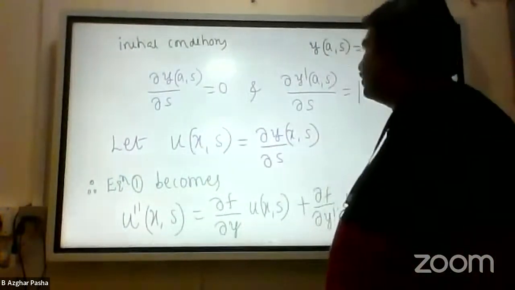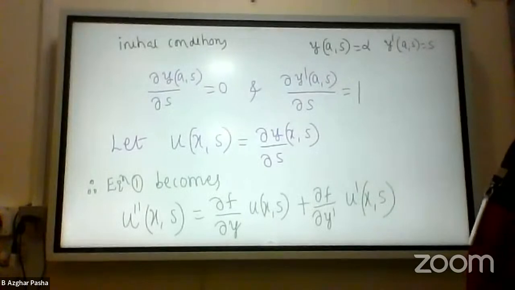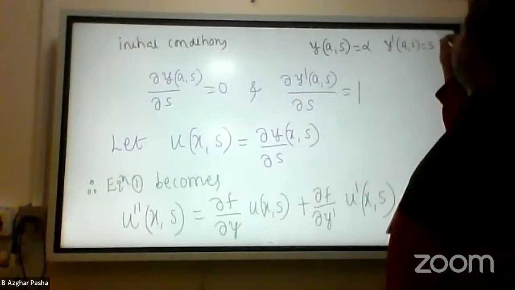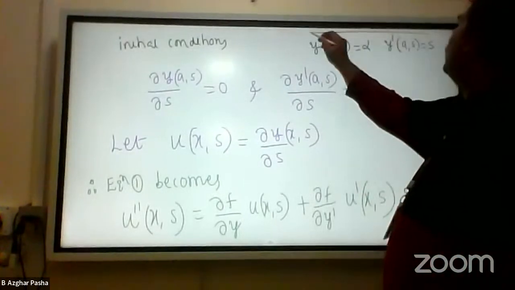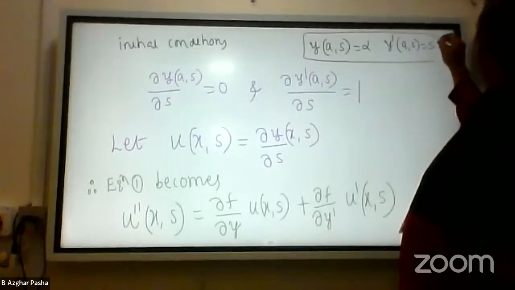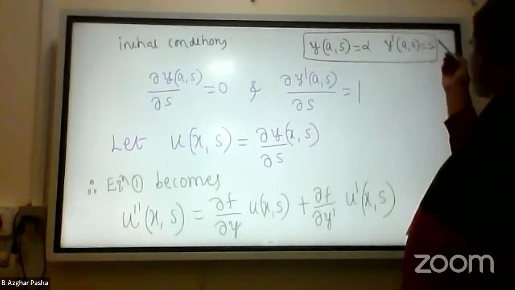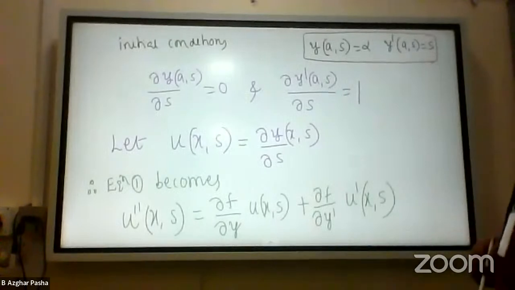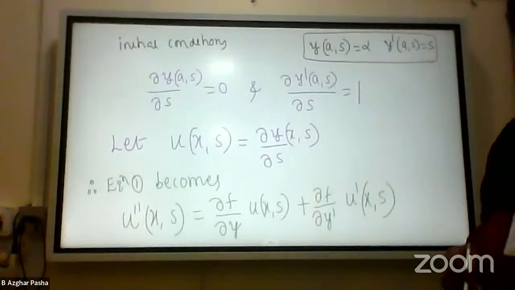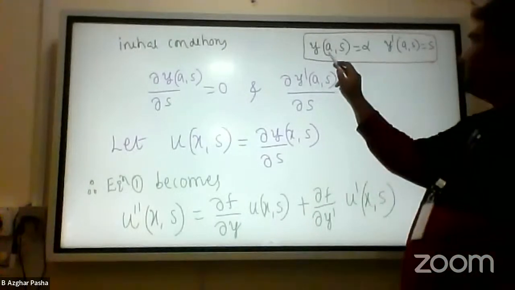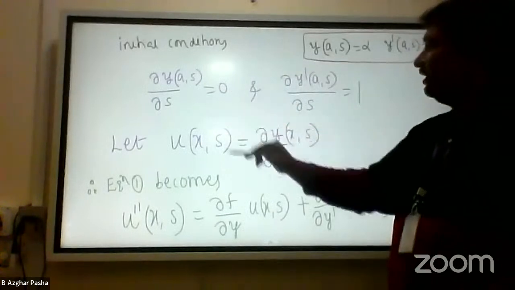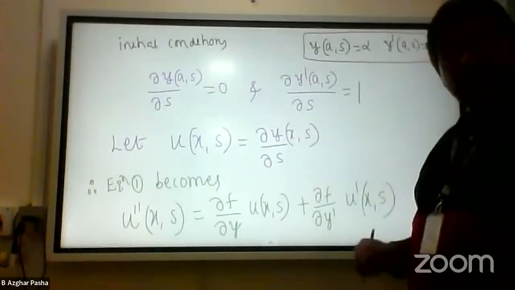Now what happens in the initial conditions? The initial conditions are like this. Y at a is alpha, y dash at a is the initial slope s. I will differentiate with respect to s because it's dependent on s now.